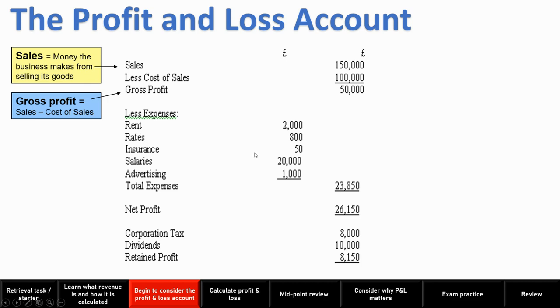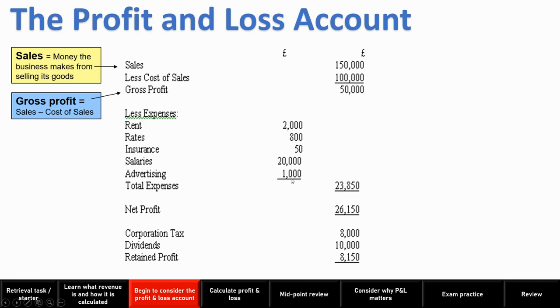The insurance company still expects to be paid for the insurance. The workers working in the office still expect to be paid, even if there's no monitors being made by the production staff. So whether the business makes lots of products or very few, there's day-to-day running costs that have to be paid. And all we do here is we just put them in a list and we add them up.